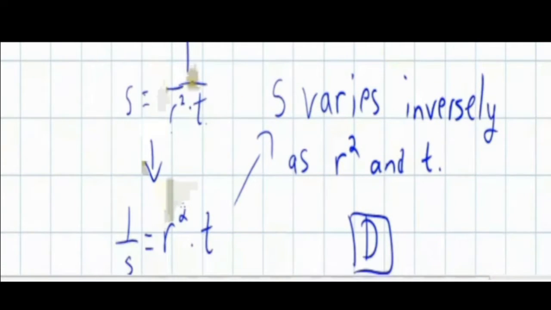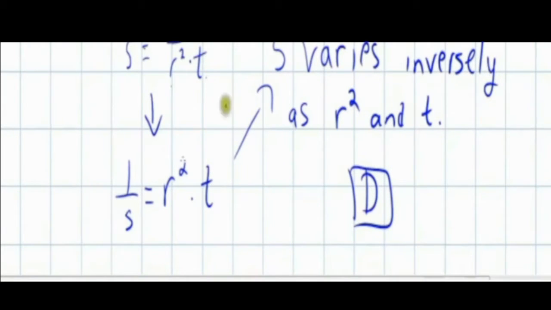So now here I am at this point. And so remember they're asking how does S vary with R and T. So what I need to do now, because they want R and T to be alone essentially, is I took the reciprocal of both sides. So now it's 1 over S is equal to R squared times T.